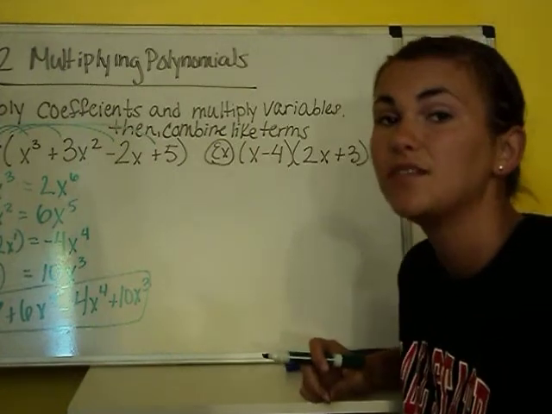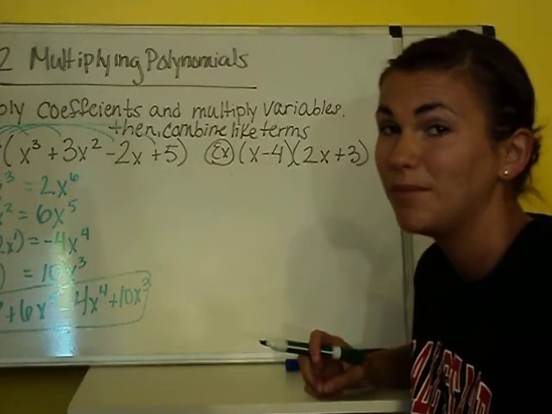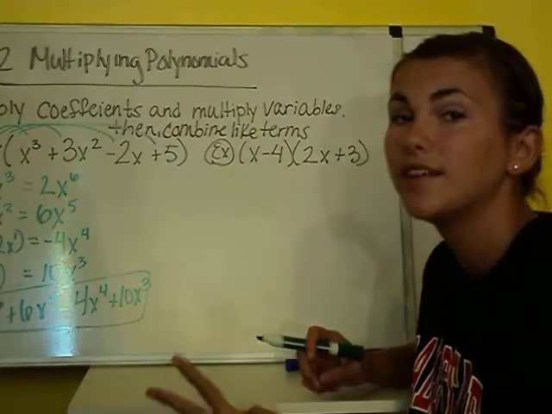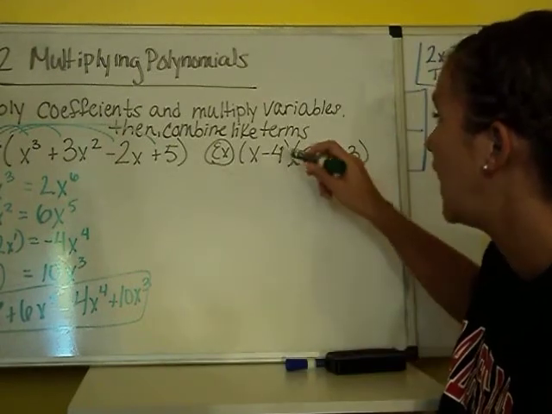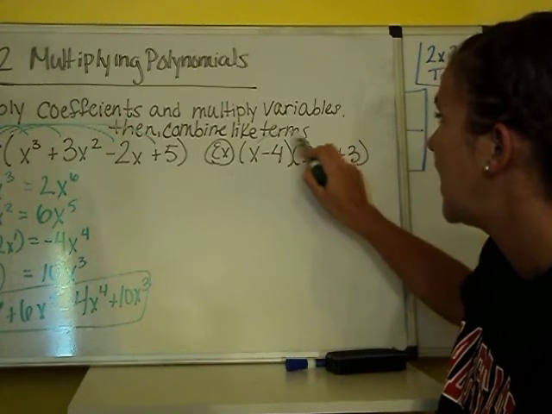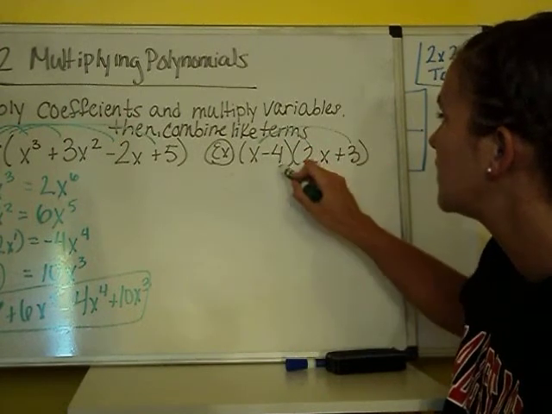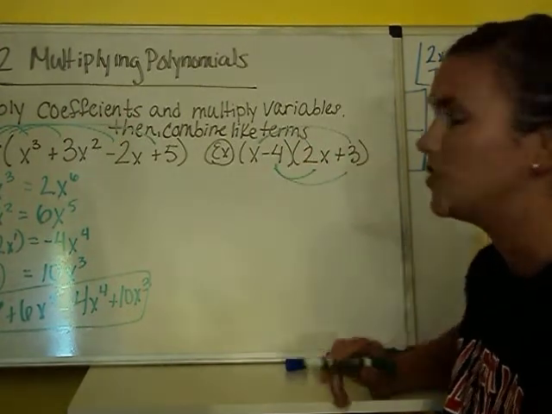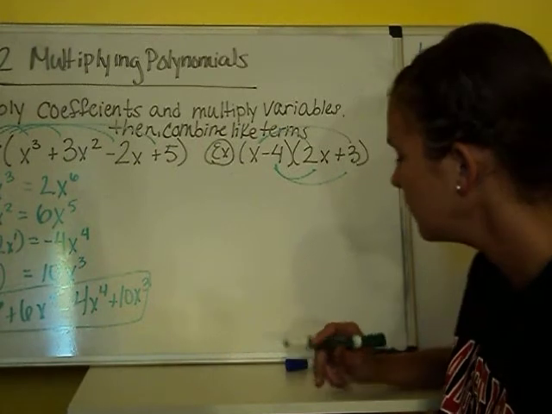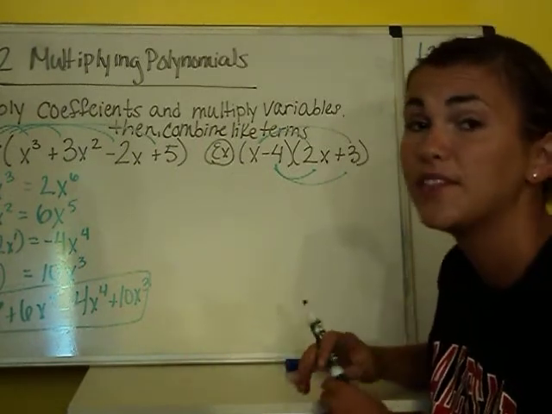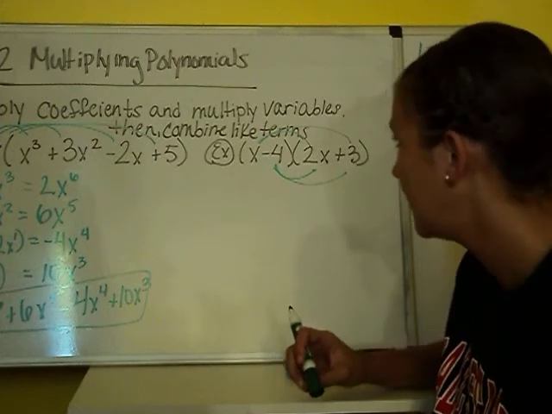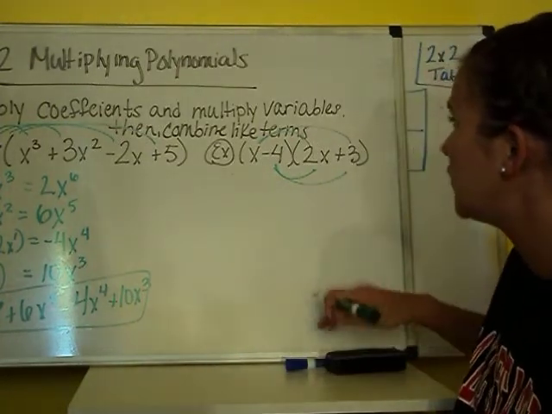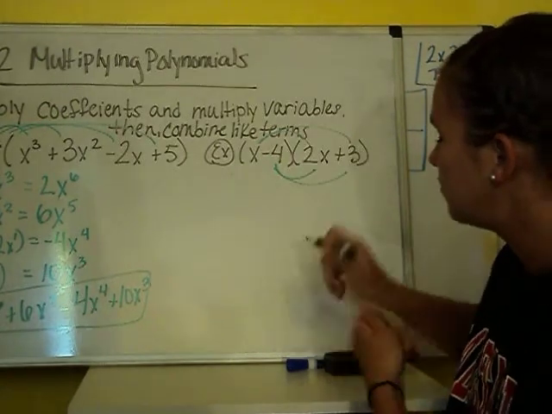The process of distributing doesn't change here, except now we have two parts that we have to distribute to two parts. So we have this x that we have to distribute to both parts, and this negative 4 that we have to distribute to both parts. I'm going to show you a couple different ways of how to do this. You can pick your favorite and go with it. If we just look at it in terms of distributing, we'll do different colors.